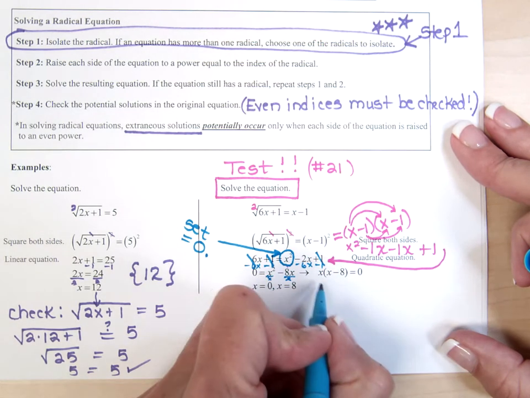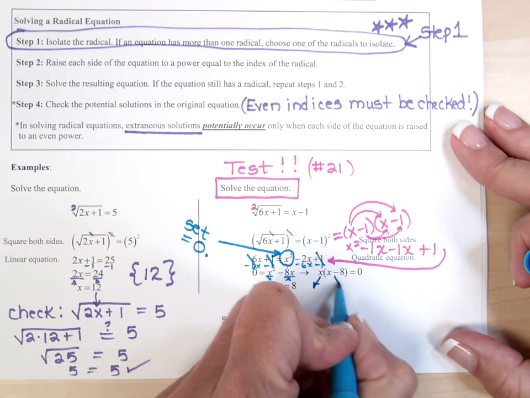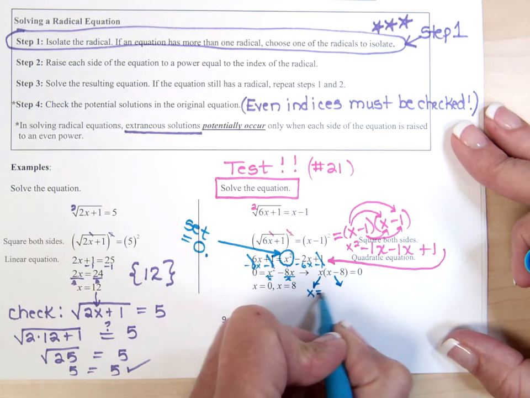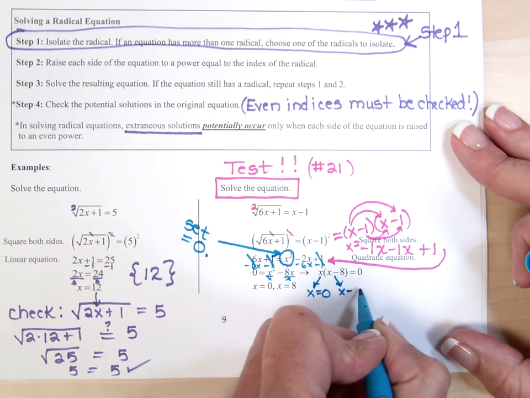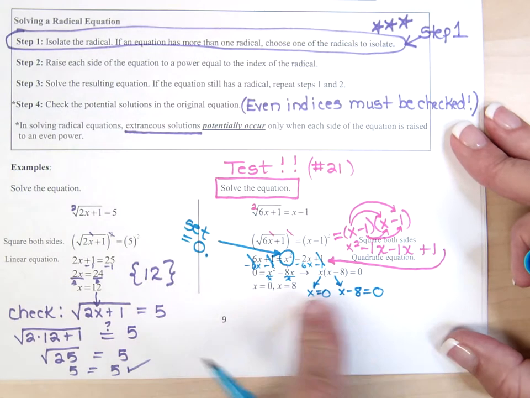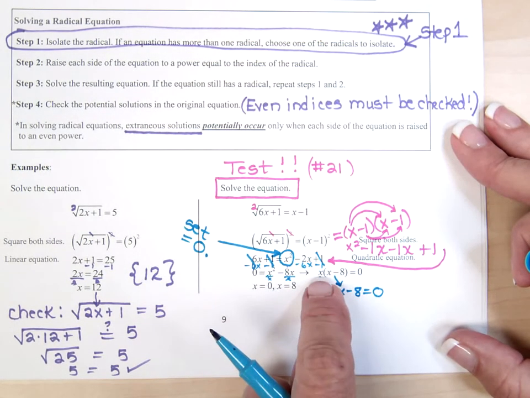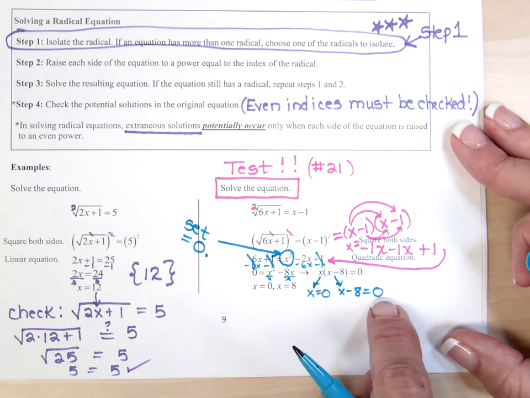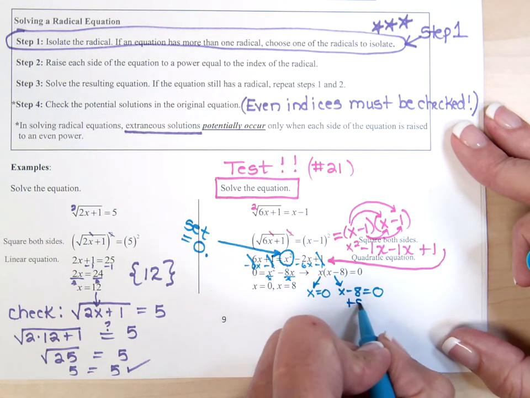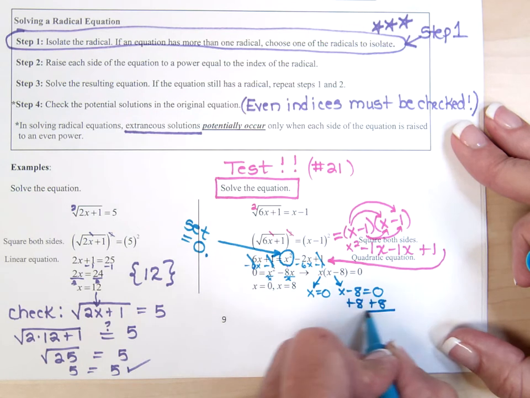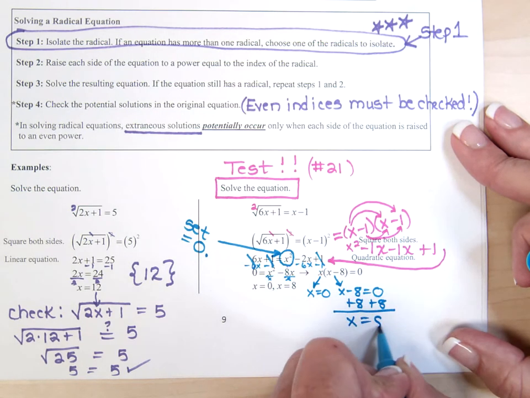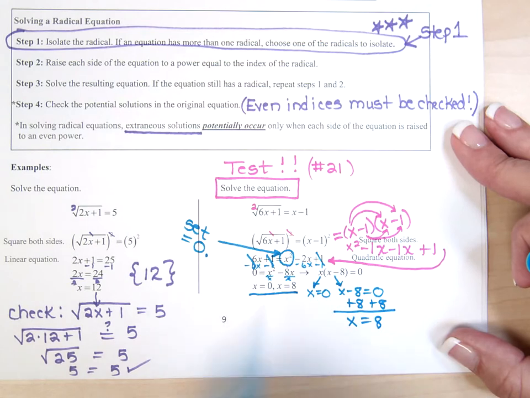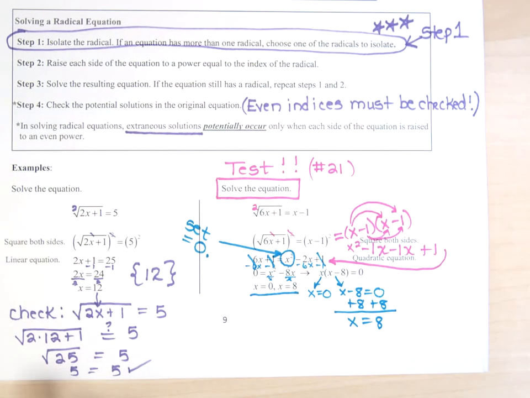Then you have to set each one equal to 0, x equals 0, x minus 8 equals 0, because the zero factor property says if a times b equals 0, then either a is 0 or b is 0. And then when we solve this, we get x equals 8. As you can see, those are our two potential solutions, x equals 0 or x equals 8.